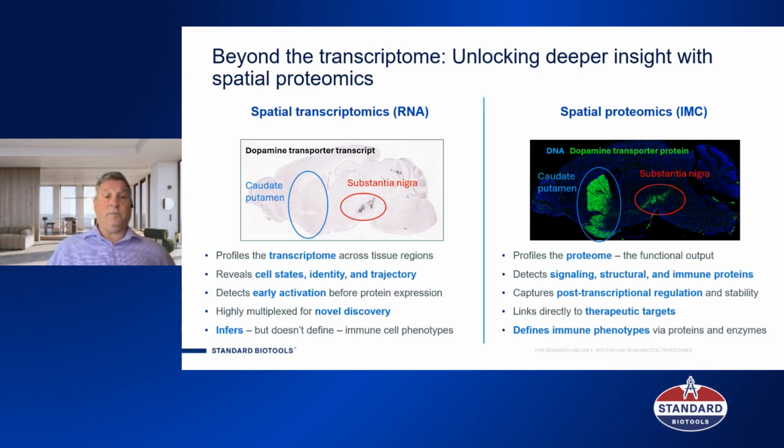But in the caudate putamen, it's totally different. The protein shows a lot of that protein, and the RNA shows none of that RNA. And this is probably because that protein was generated some time ago, and the RNA has been reabsorbed into the cell and no longer exists.